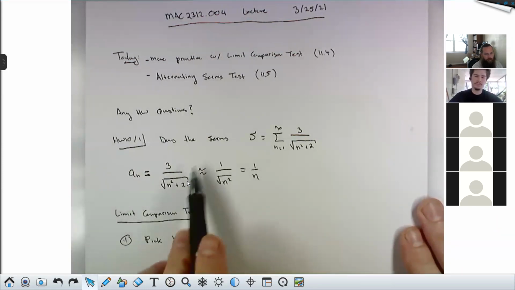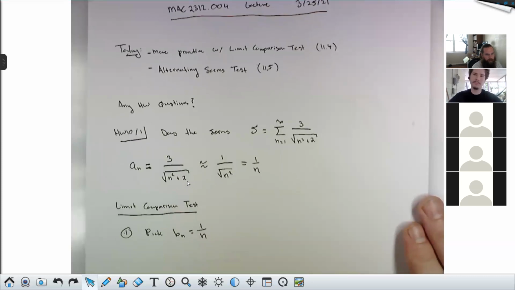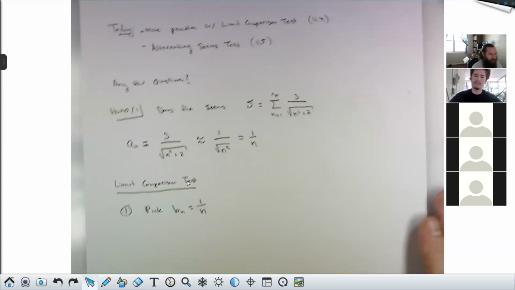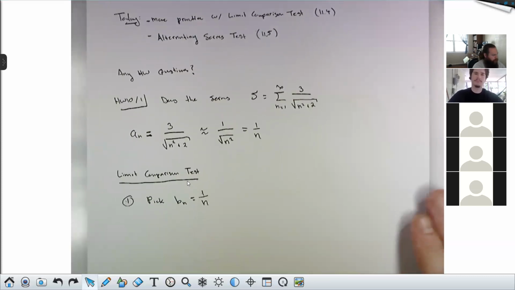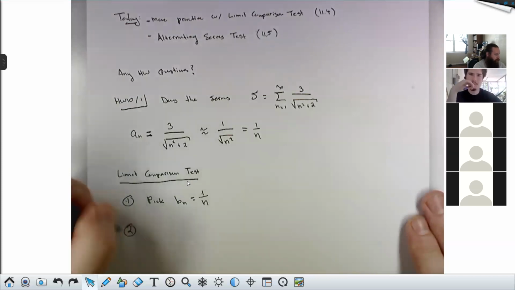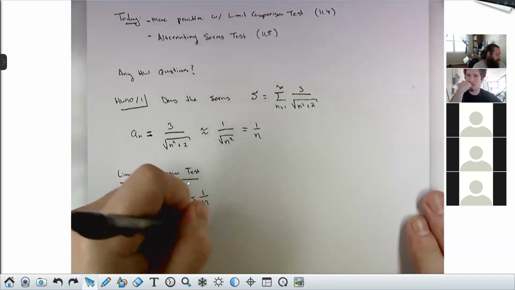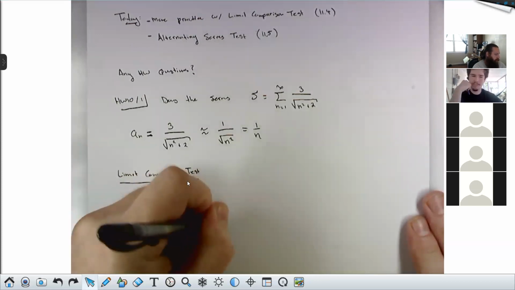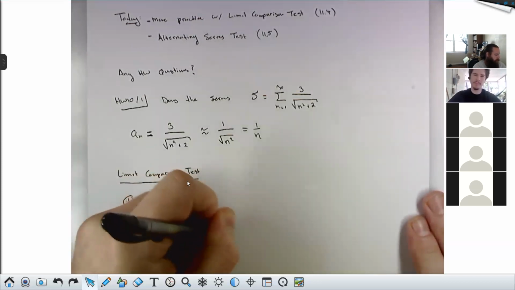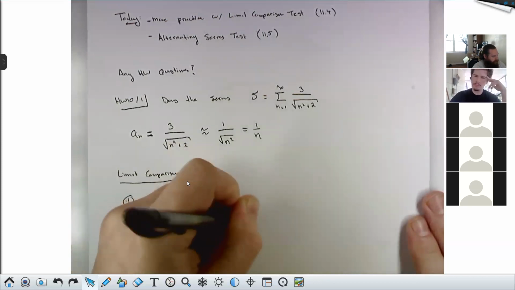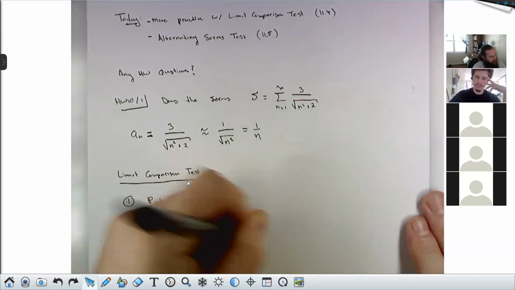This shaky equal sign here means approximately, and I mean specifically as n goes to infinity, that a_n is similar to 1 over n. And then I would calculate the number we call c as the limit as n goes to infinity of a_n over b_n.